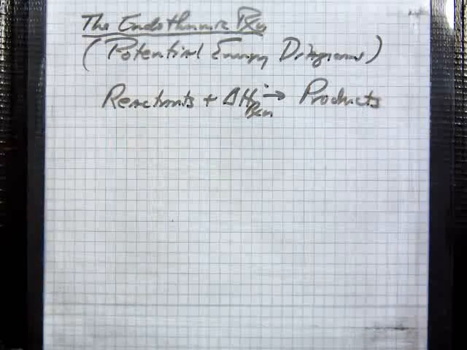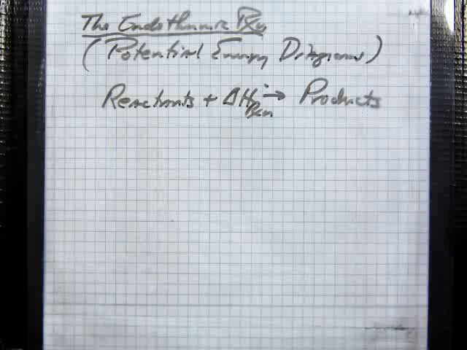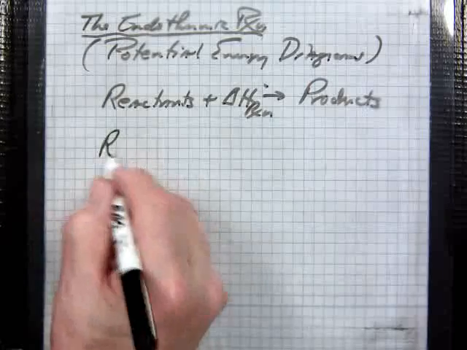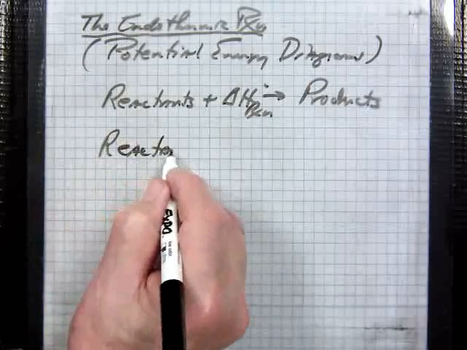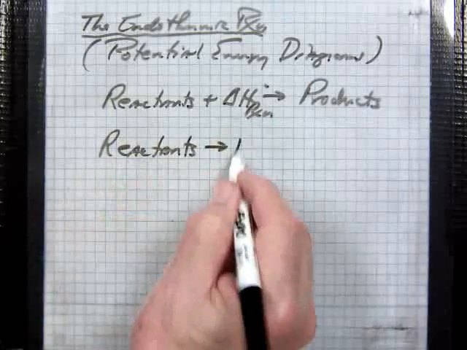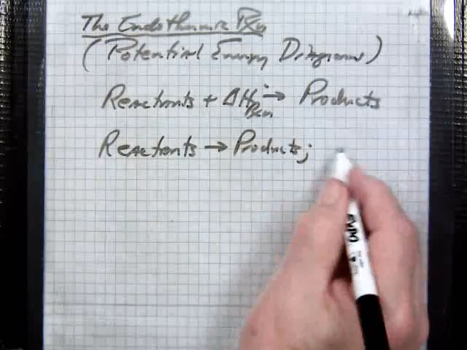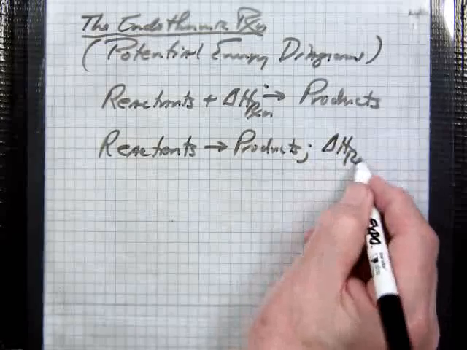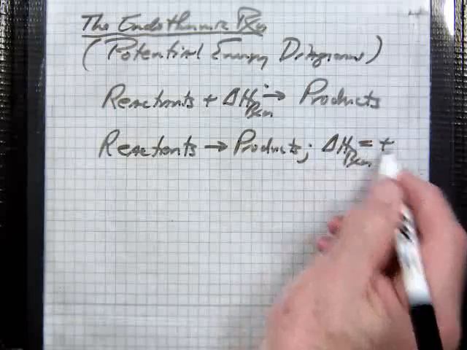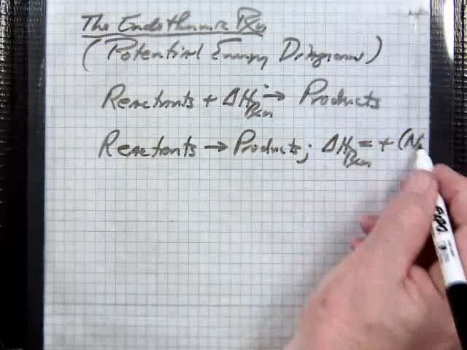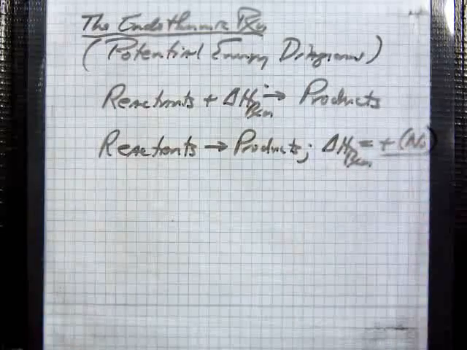Or you can separate it the same way, semicolon, delta H is equal to, but you use a positive value. But you don't have to put the symbology down, it's just understood to be positive, whatever that number is on the end.